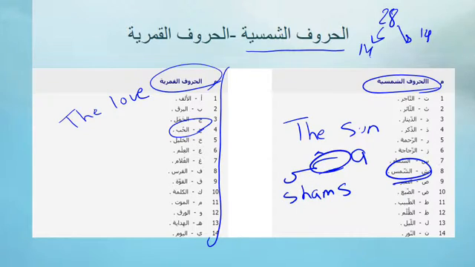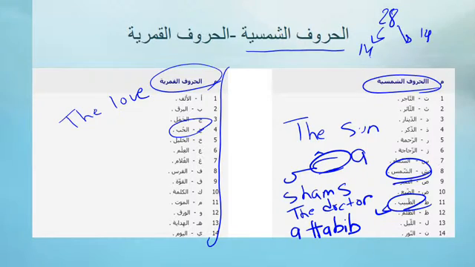But the sheen letter here is stressed. Another example is at-tabib, which means the doctor. I say a-tabib. And that's it, just the same case for the other words.